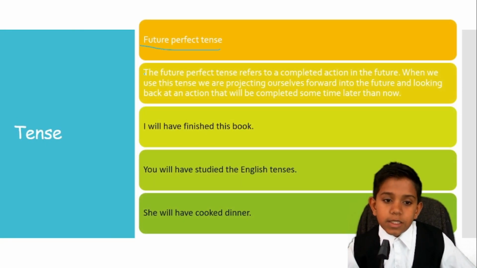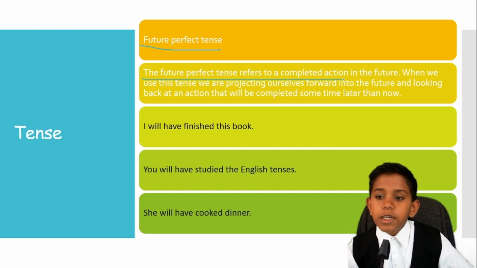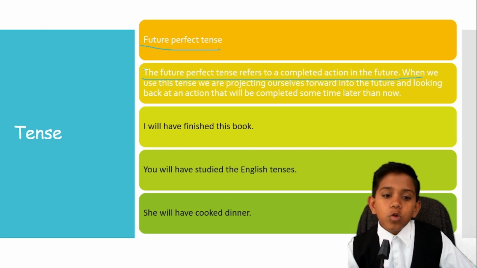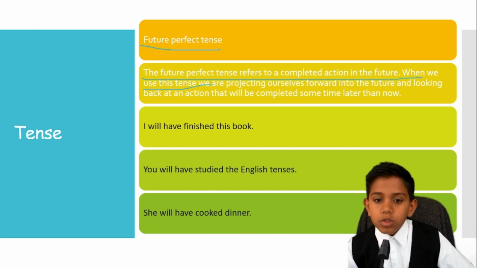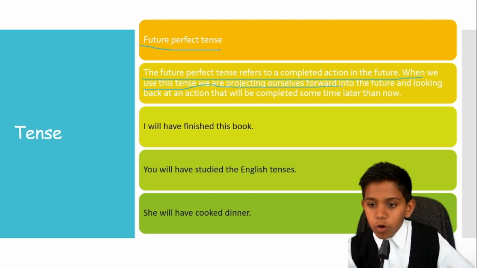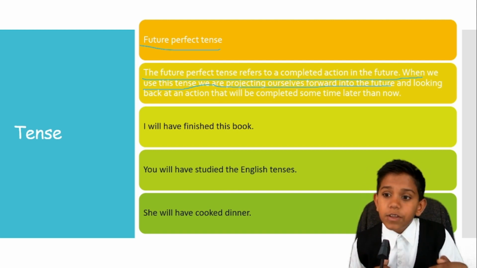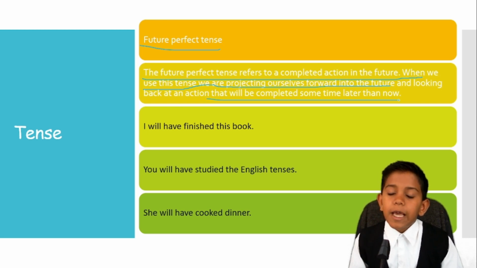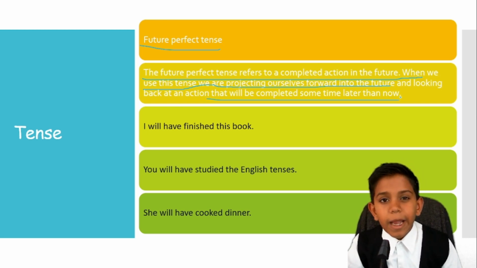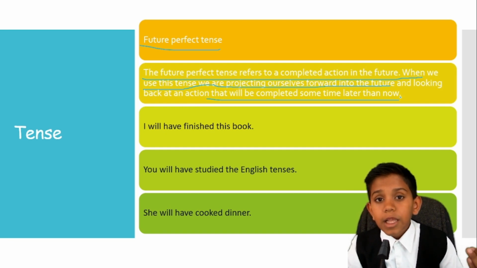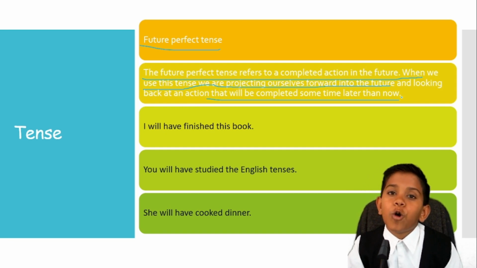The future perfect tense refers to a completed action in the future. When we use this tense, we are projecting ourselves forward in the future. Means we are seeing ourselves in the future and looking back at an action that will be completed sometime later than now. That is called the future perfect tense.